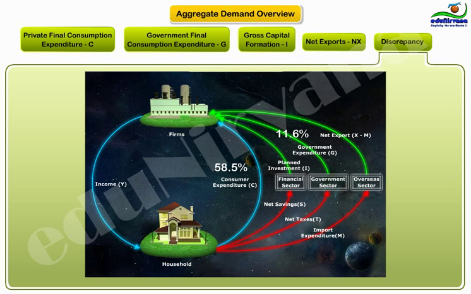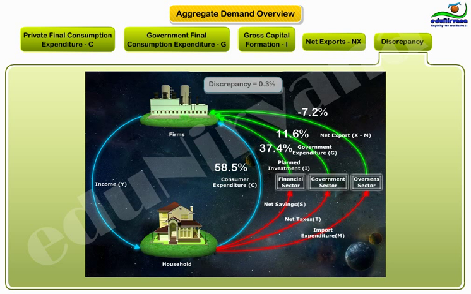I, that is private investment, Gross Capital Formation, GCF, is 37.4%. NX, that is exports minus imports, is equal to minus 7.2%.